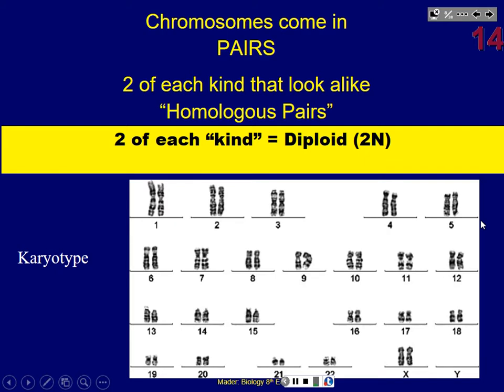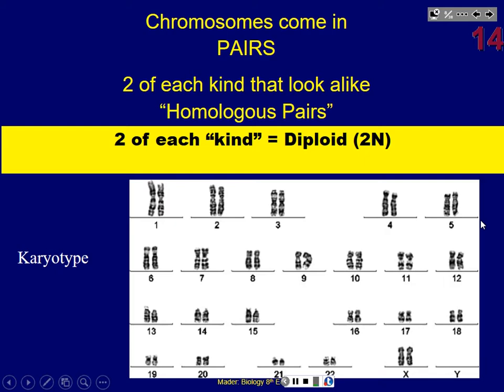Okay, so what about that egg and that sperm we just talked about? We said that the egg would have had half, one from each pair, right? And the sperm would have had half, one from each pair.